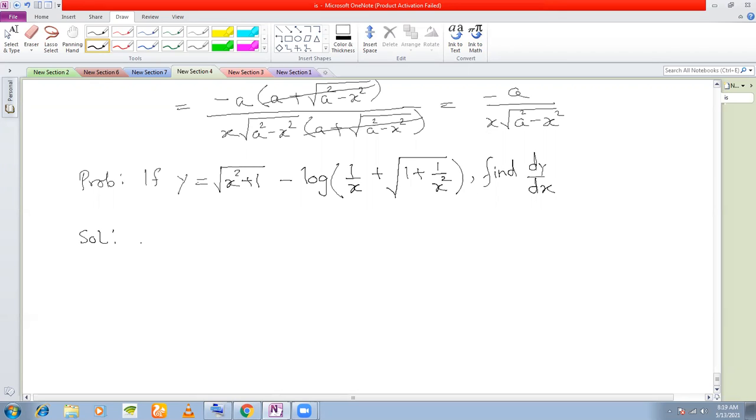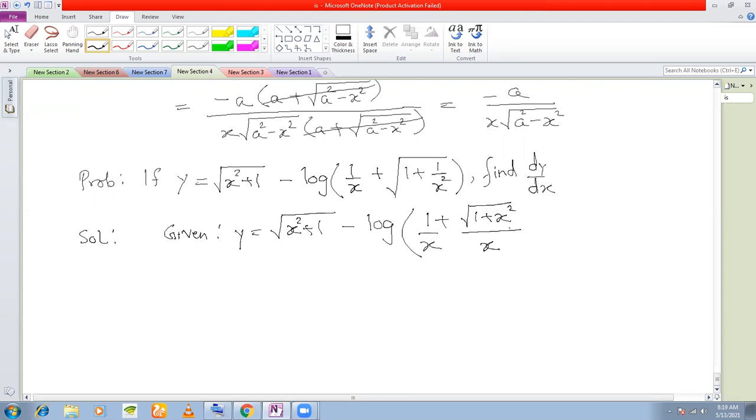Let us start. What we do here is we first simplify y. So let's write y again. Given y is equal to root over of x square plus 1 minus log. Now you take the LCM. I have 1 plus square root 1 plus x square divided by x, right?